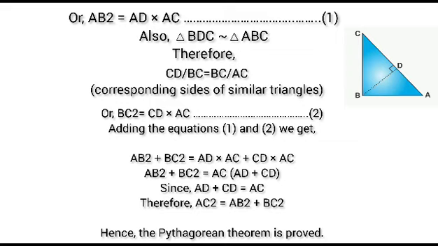Then AB square plus BC square is equal to AC, taken as common, AC in bracket AD plus CD. Since AD plus CD is equal to AC, therefore AC square is equal to AB square plus BC square. We have now got the required answer, hence the Pythagoras theorem is proved.